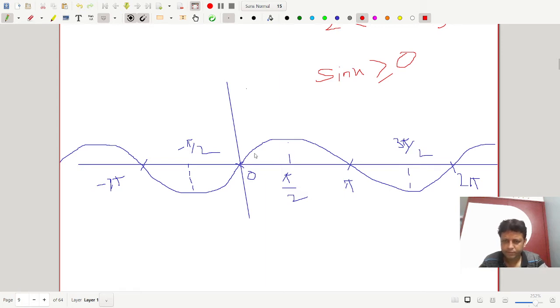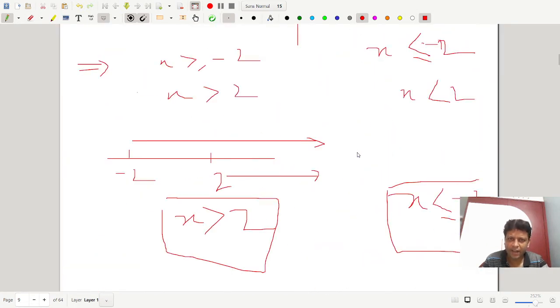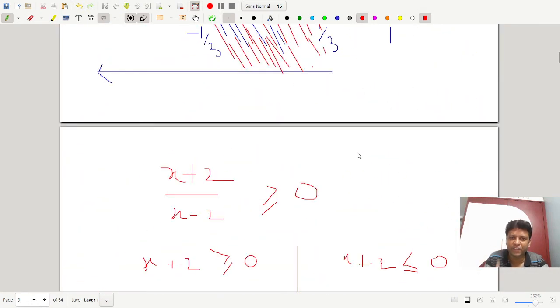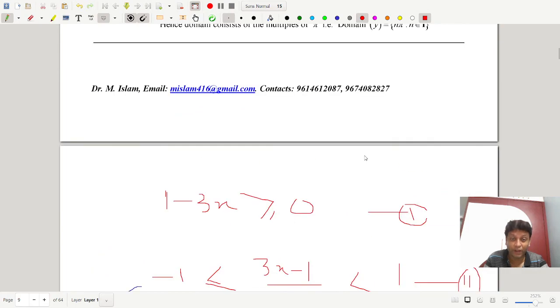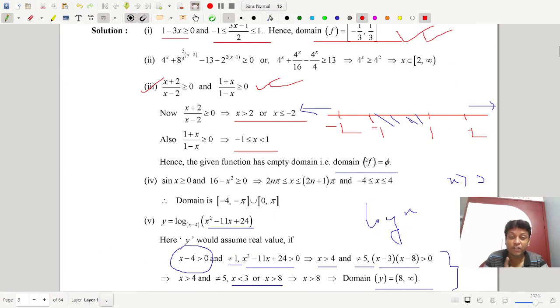Yes sir, 0 to pi, then you have this part, then you have this part. These are the positive parts. Am I clear, everybody? Yes, sir. So we got where sin x is positive; graphical knowledge gives you that. I have explained the graphical part also in a different class. So graph is very, very important.